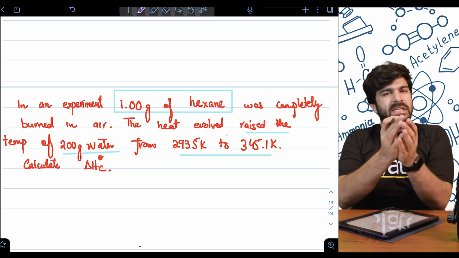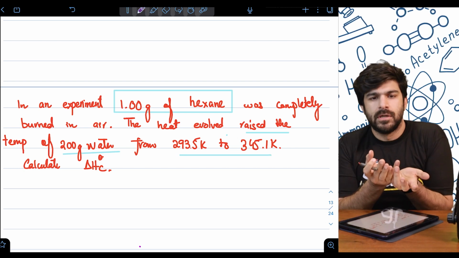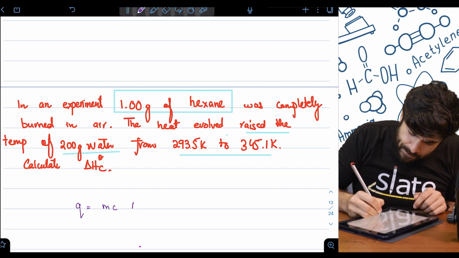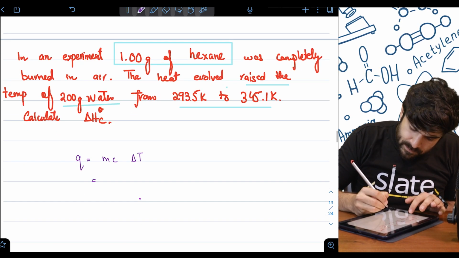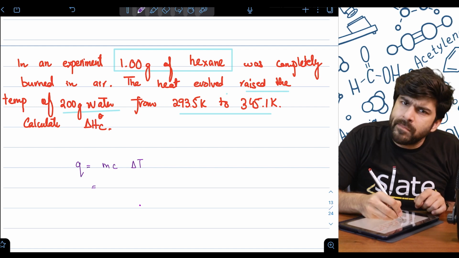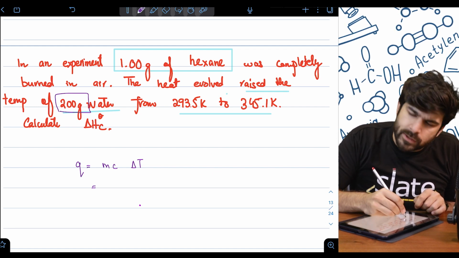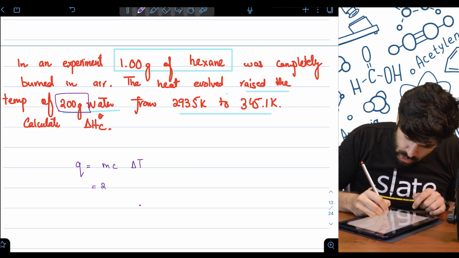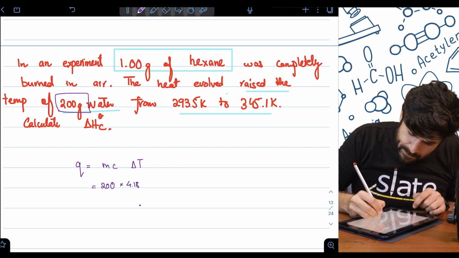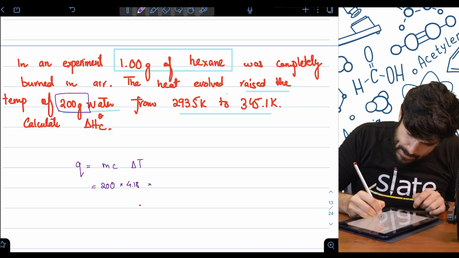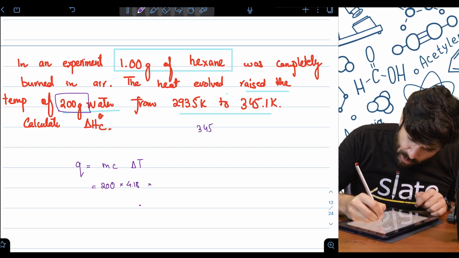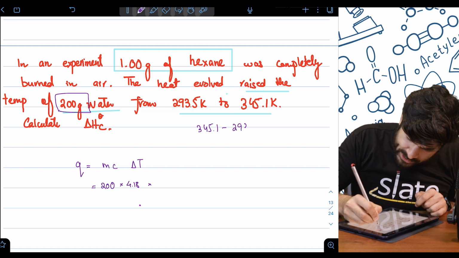They have given values in Kelvin, doesn't matter. All we need to do is Q equals mc delta T. So mass is 1 gram? No. Mass of water. So 200 gram into 4.18 and temperature change 345.1 minus 293.5.